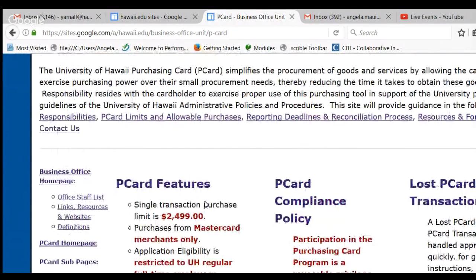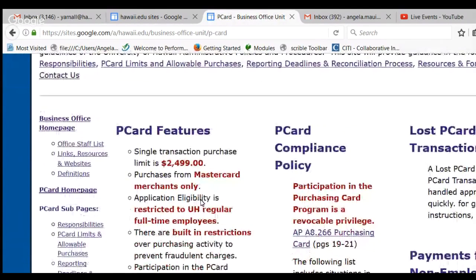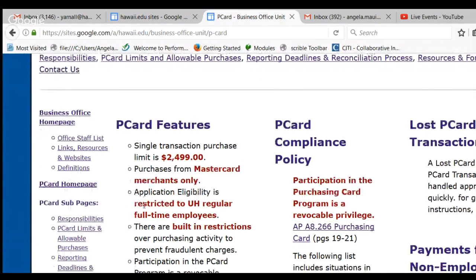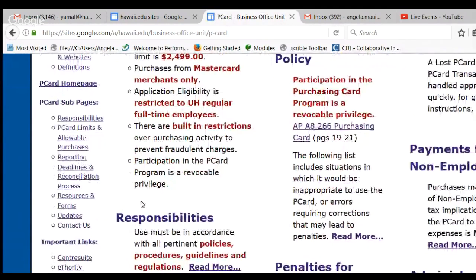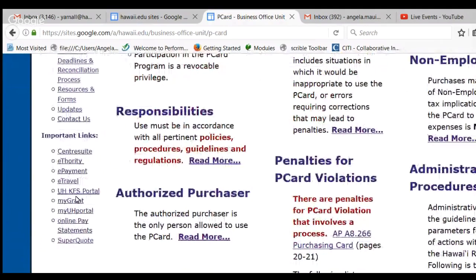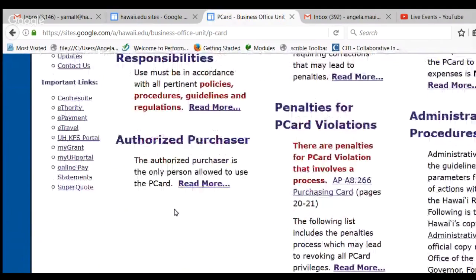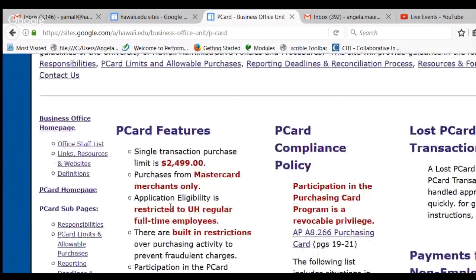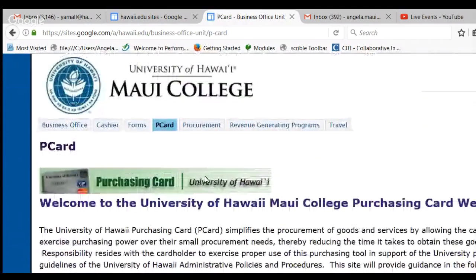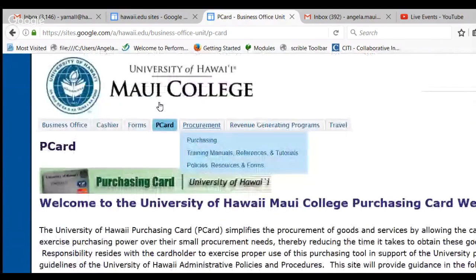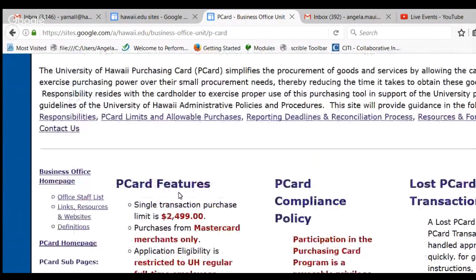Right, and what pops out at you? This feature, P card features. Okay. Compliance. Yeah, so there's not much referring to training. Under P card, you're looking for training, correct? Training. Okay.